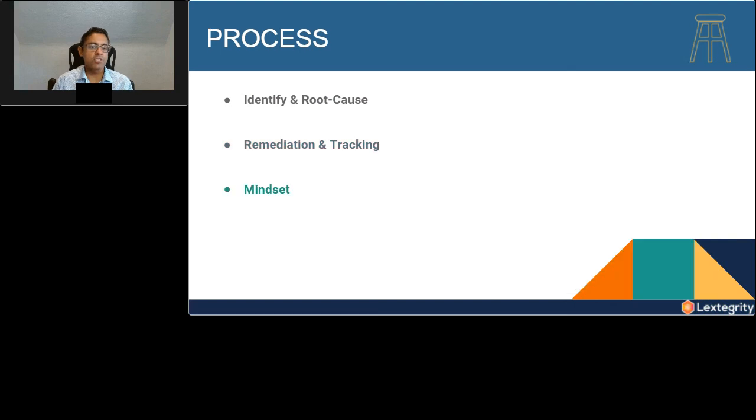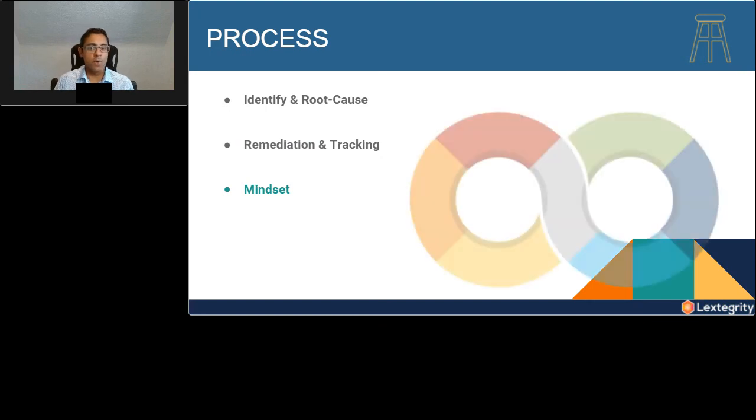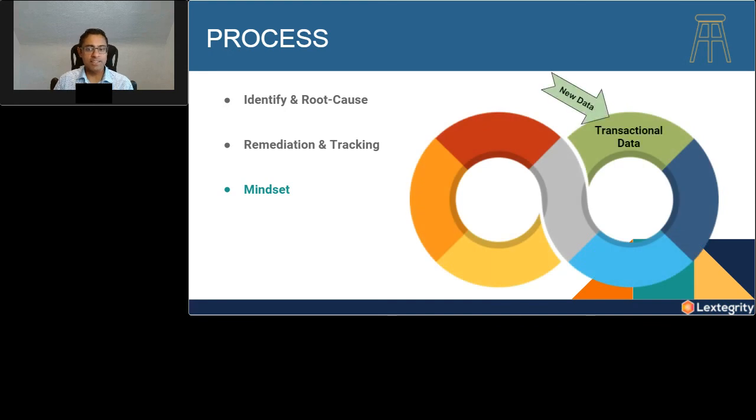And then finally, maybe just to talk about mindset in process, because that's something a lot of folks don't think about, that this is a process itself, and there's a number of steps here that we highlight: bringing in that transactional data, risk scoring, identifying and remediating, and seeing the program results are what I've talked about to date.